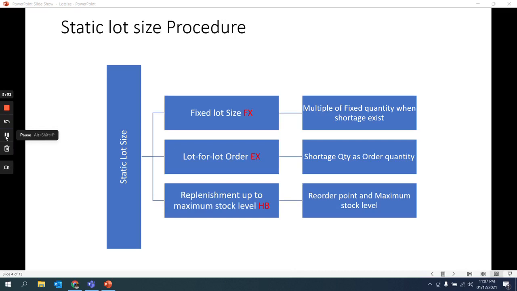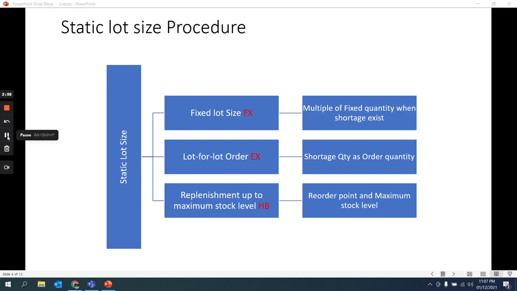In lot for lot order quantity, the system uses the shortage quantity as the order quantity. As a last one, replenishment up to the maximum stock level. Generally, it will be used along with reorder point planning. We can also use any other MRP type.